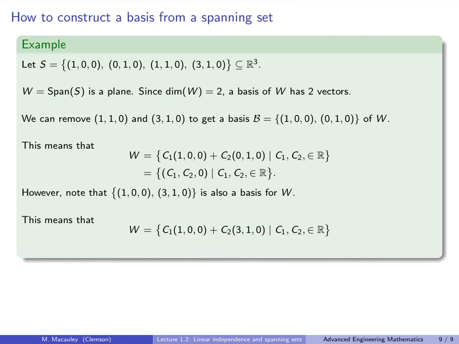So an arbitrary vector in the xy plane can be written as (C1 + 3C2, C2, 0), where C1 and C2 are arbitrary real numbers. This set looks different than the previous one. We say they have different parameterizations, but in fact, over all C1 and C2, these sets are equal. Both of them are the xy plane.